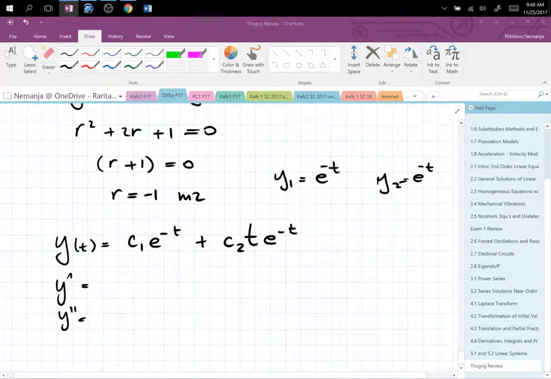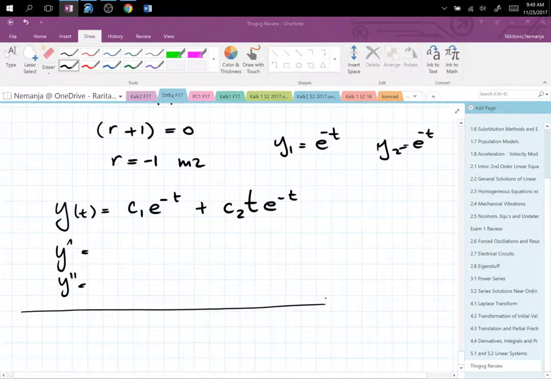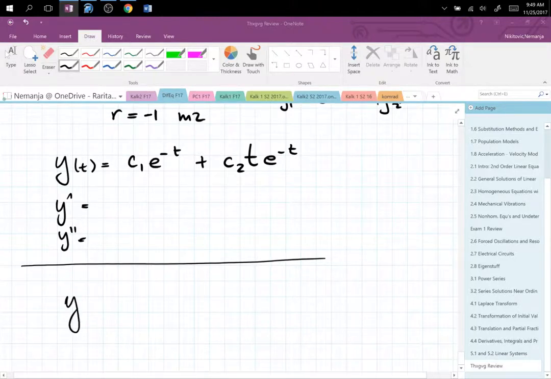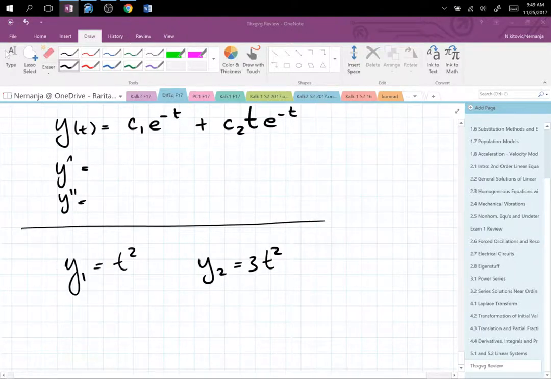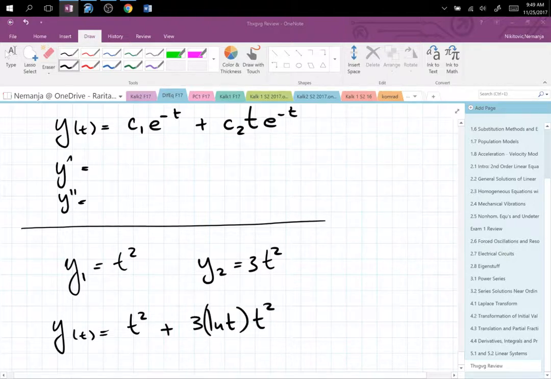Then, from these solutions of e to the t and so on, we jump into the new realm where your y could be, let's say, t squared, and the y2 is maybe 3t squared. Well, when you have polynomial solutions, you are multiplying by ln t. So y of t would be t squared plus 3 ln t times t squared.